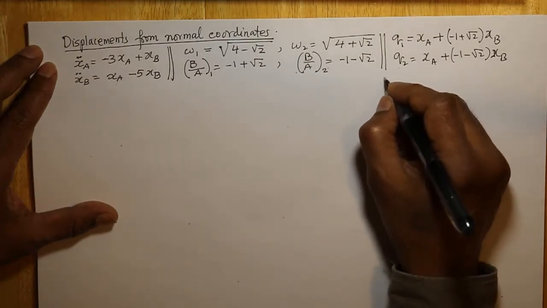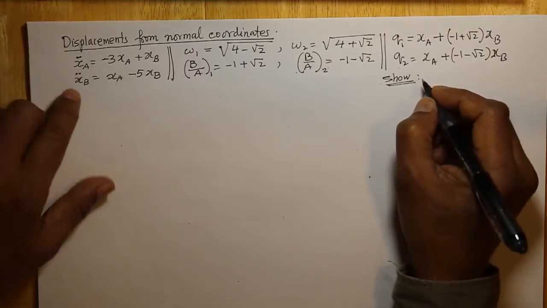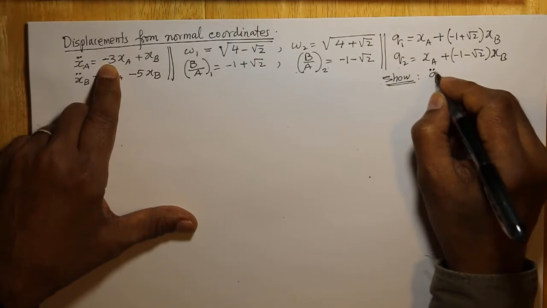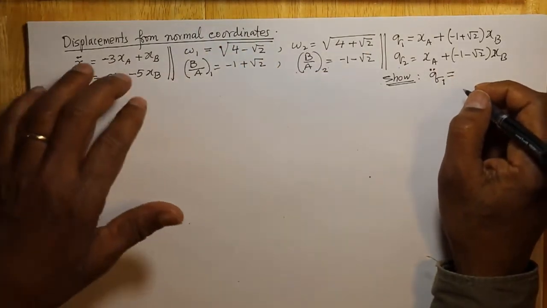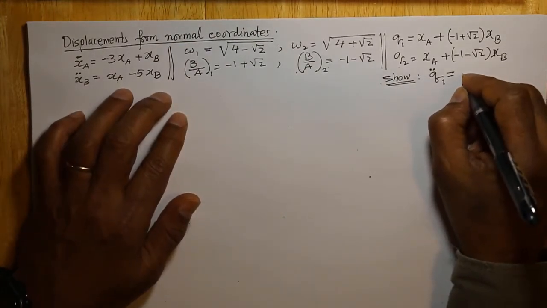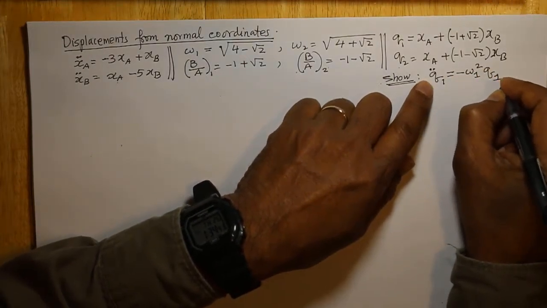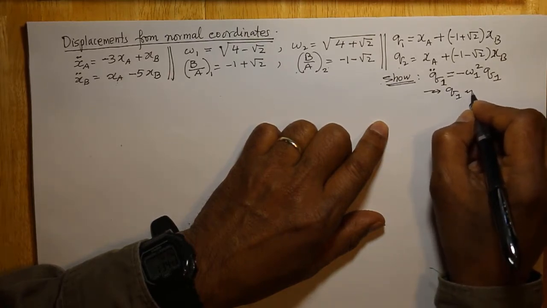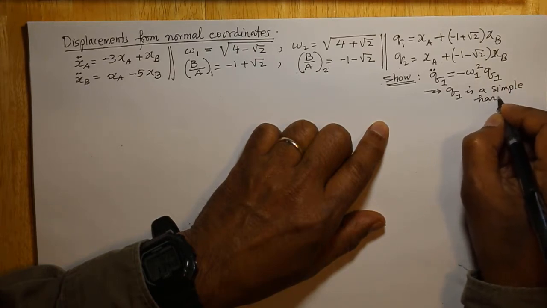You can show, using these, by taking Q1 double dot and processing the algebra, which is a little bit of algebra so you've got to do it, that you would get minus omega 1 square Q1. So Q1 is a simple harmonic oscillator.